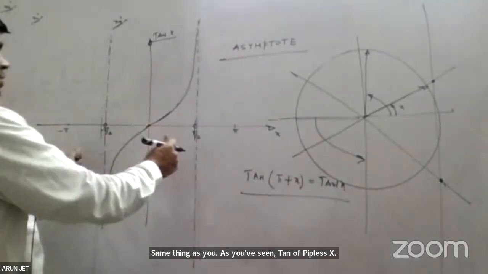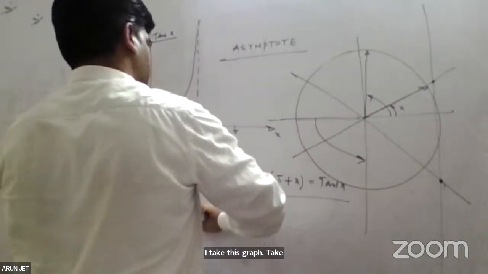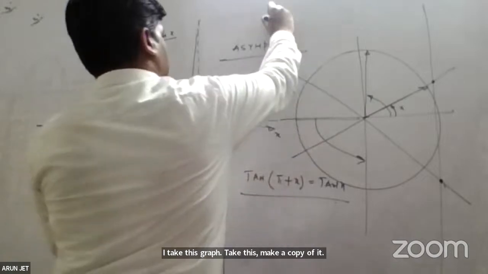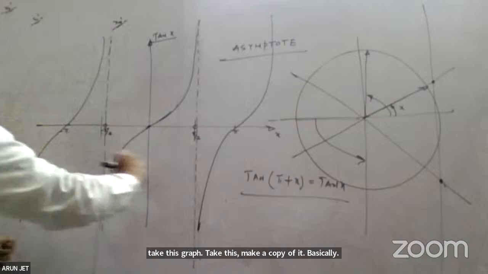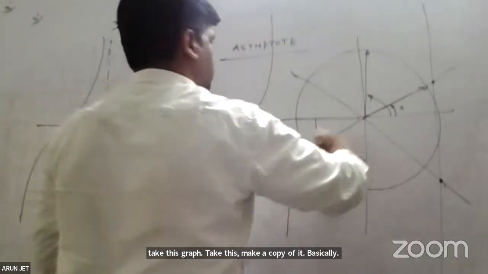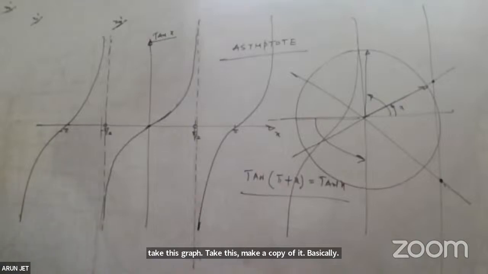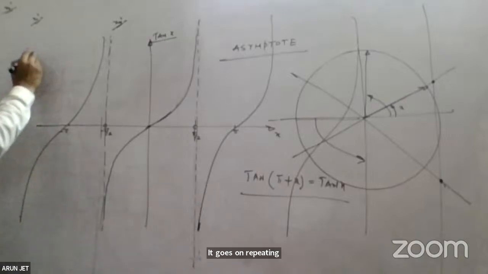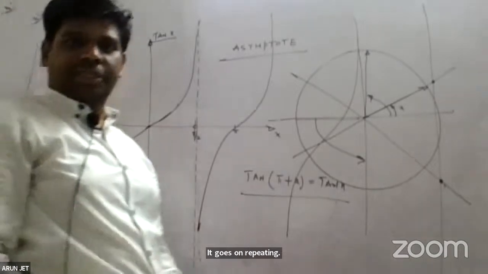I take this graph, make a copy of it, paste it here. It goes on repeating. All right, that's a tan function.